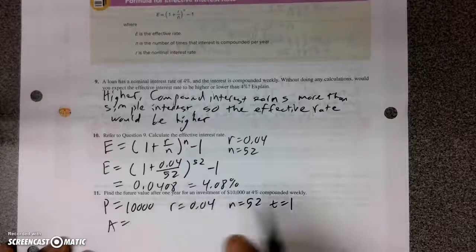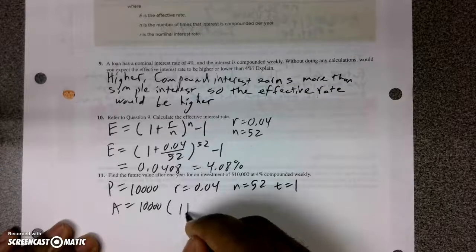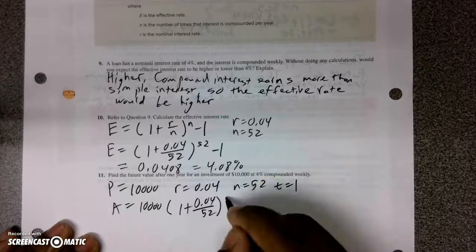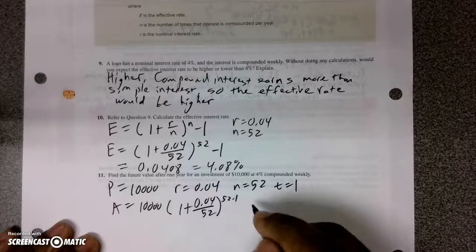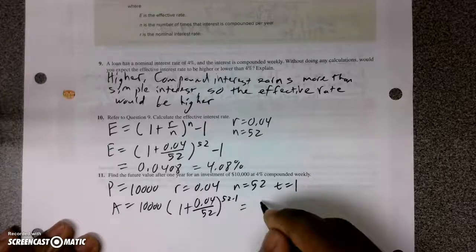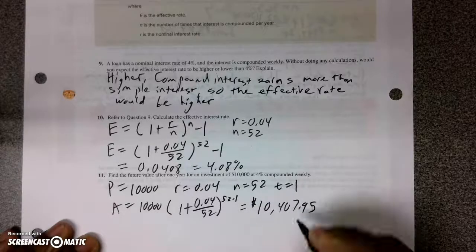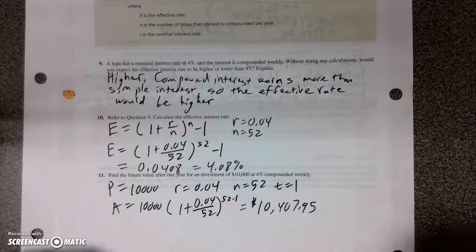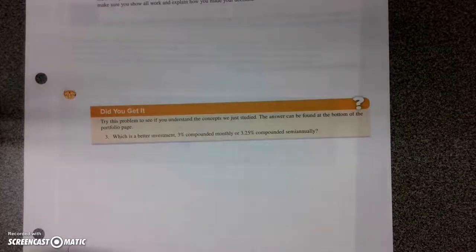So we have A is equal to the principal, which is 10,000, times 1 plus 0.04 all over 52 to the 52 times 1 power, which we know would be 52 power. And that would give us $10,407.95. Okay, now we move on to the next problem.